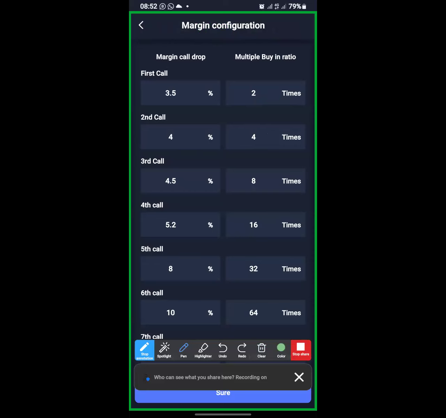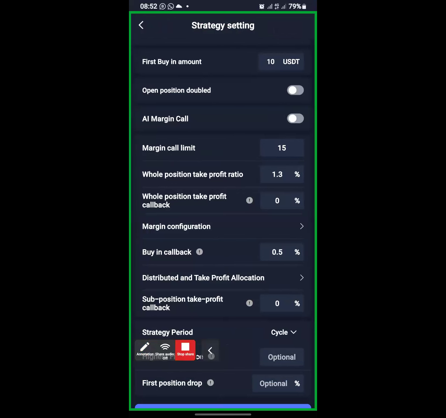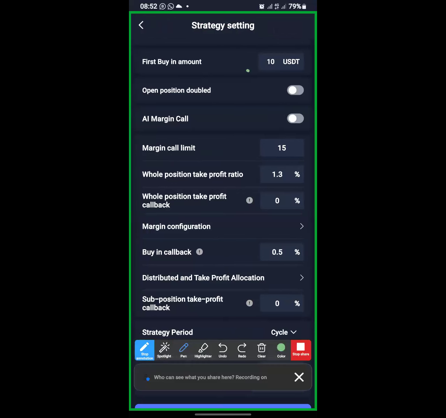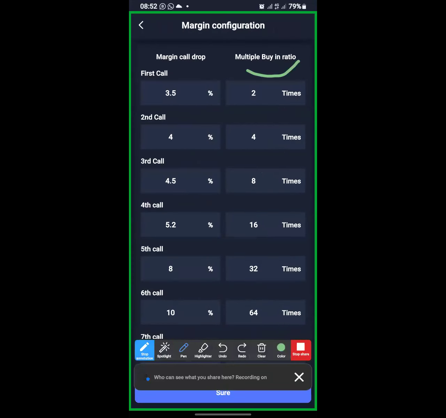So in simple terms, according to my first buying amount as 10, I'm instructing my robot to buy 10 times 2, that is 20, when the market moves down by 3.5. That's the first call.